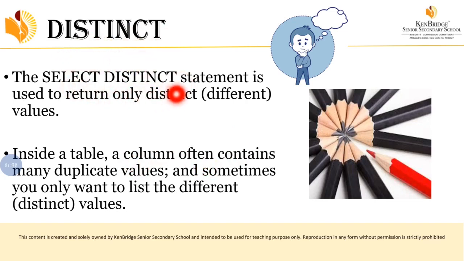One is to return the different values, and in a table definitely we will have many duplicate values. So to return the different values alone in our database, we will use the distinct statement. So for that purpose only we are using distinct.